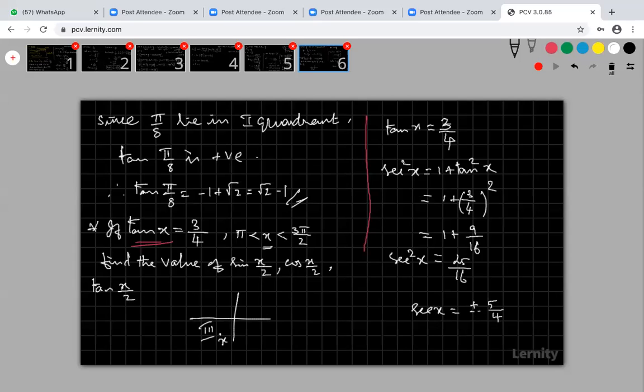My secant x is negative only. Here tan and cot only are positive. My secant, cosecant, sine, everything is negative only. So therefore, my secant x is negative only, minus 5 by 4. Why? My x belongs to the third quadrant, that is pi less than or equal to x less than or equal to 3 pi by 2.